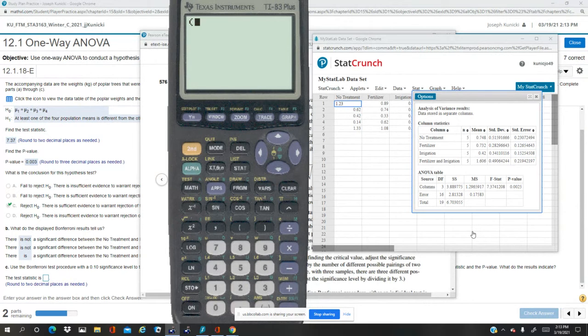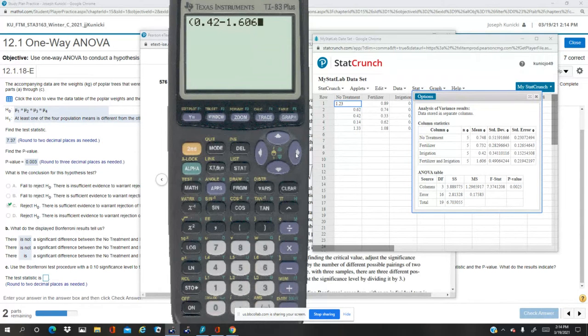So X3 bar is 0.42. X4 bar is 1.606. Okay, there's the numerator. Oop, I've got to get a decimal point in there.